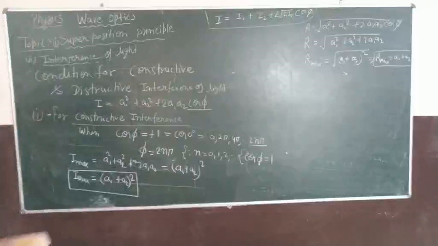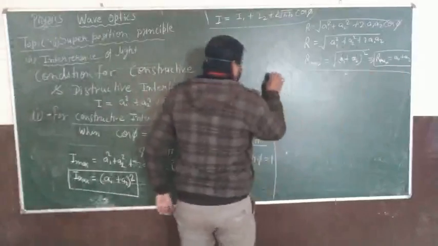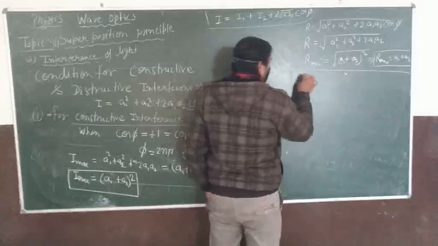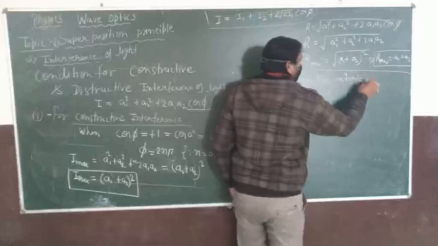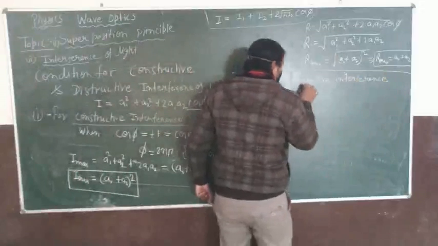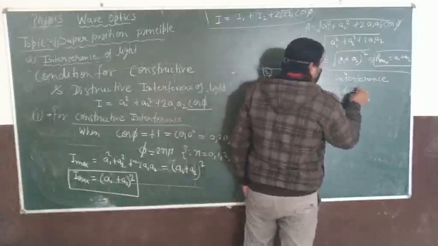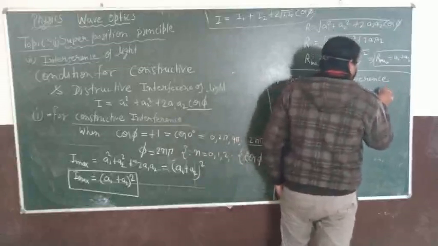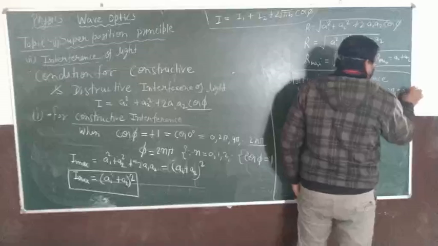Next we have destructive interference. For this, cos phi is negative, for phi equal to pi, 3 pi, 5 pi and so on.